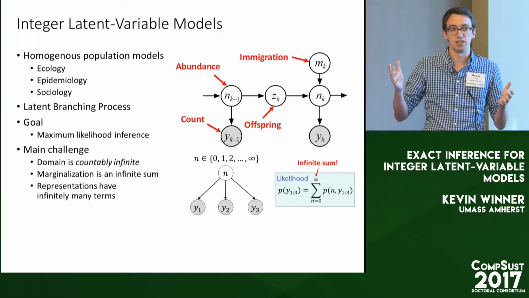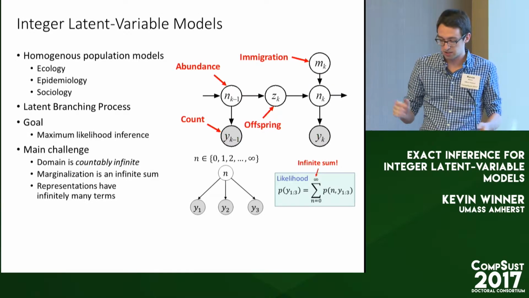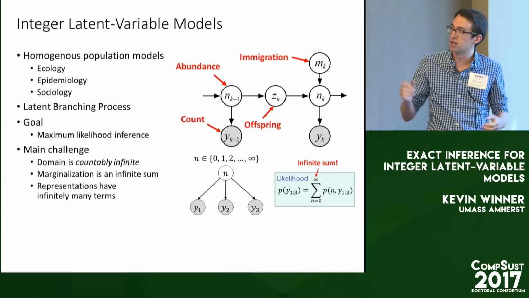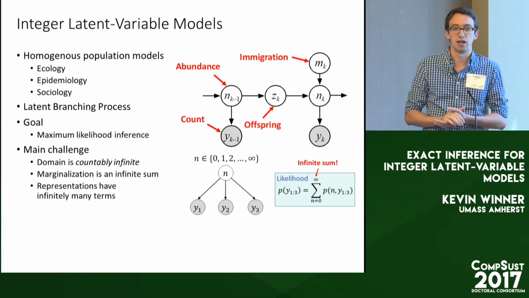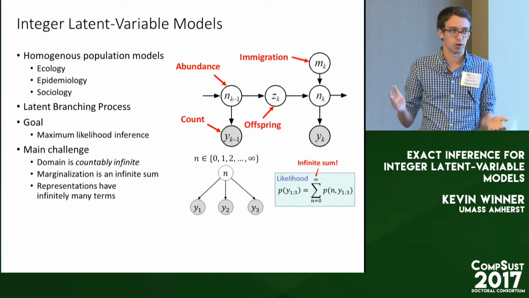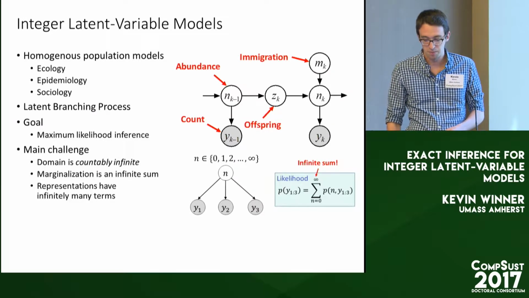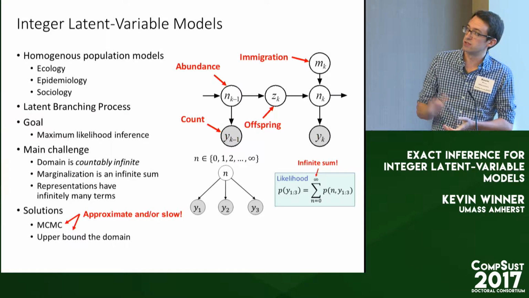All of my representations of these probability distributions are infinite vectors, and none of the traditional algorithms that I'd like to use for something like a hidden Markov model, like the forward algorithm, simply work. There's no way to implement them for these types of latent variables. There's a couple of existing solutions for these problems.